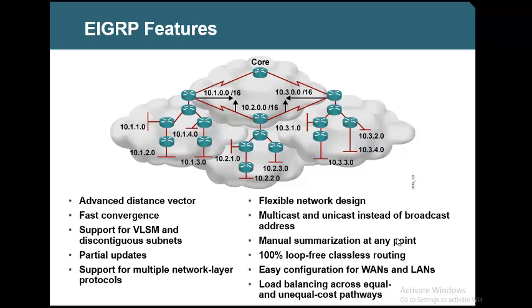Next is, EIGRP is fast in convergence. Yes. When you compare to RIP, EIGRP is fast in convergence. How? When a change happens in topology, the change is immediately flooded, triggered, so that everyone will know about the change.